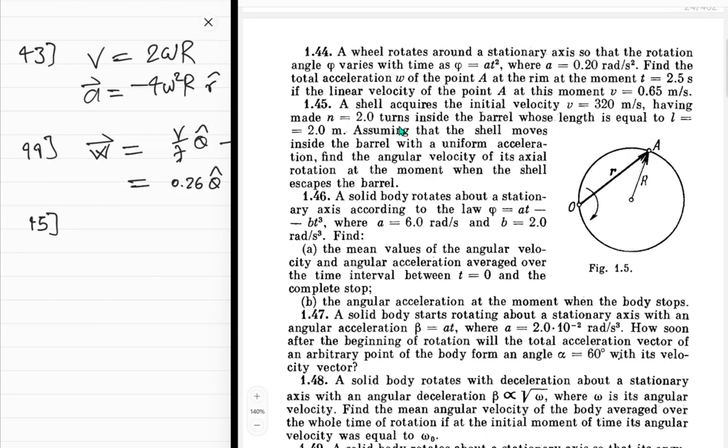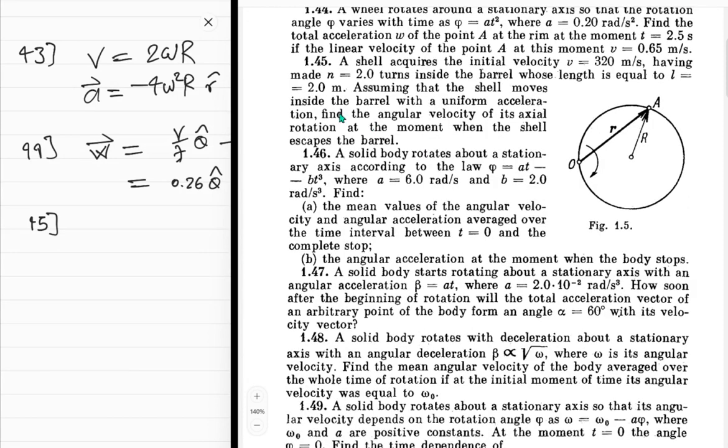Turns inside a barrel. What shell? What are you talking about? What barrel? Length of the... I am not understanding. Can you draw a figure for this? This makes no sense. We're talking about a shell inside a barrel. What does that actually mean?